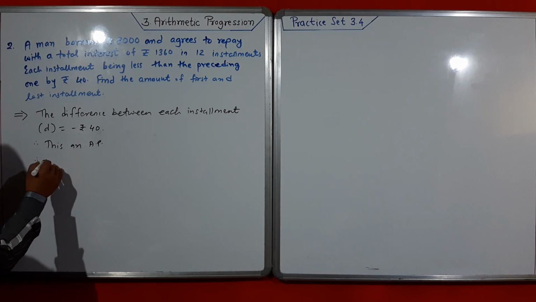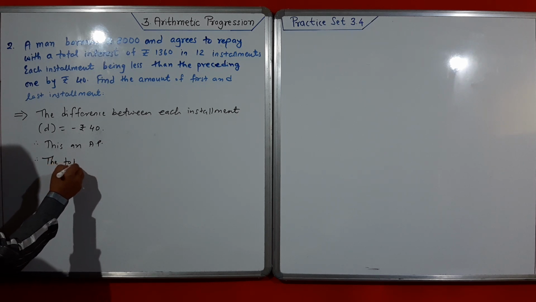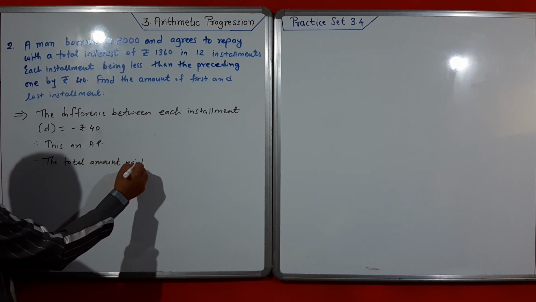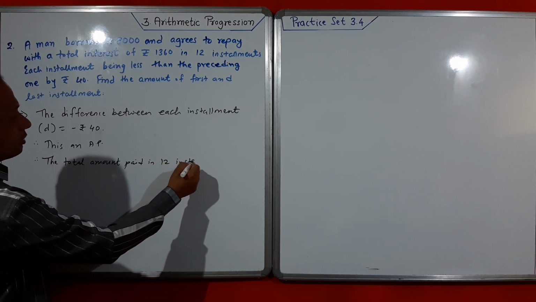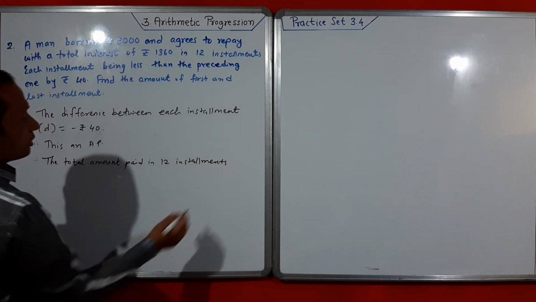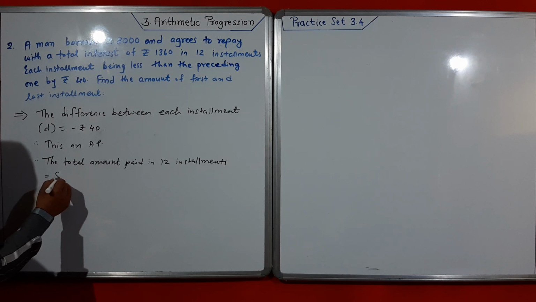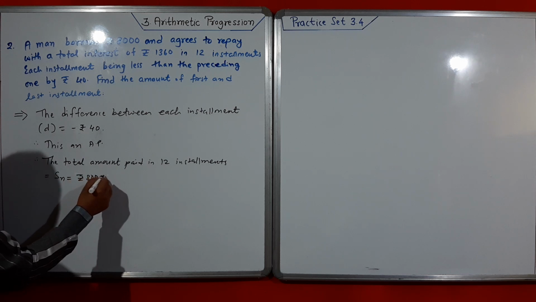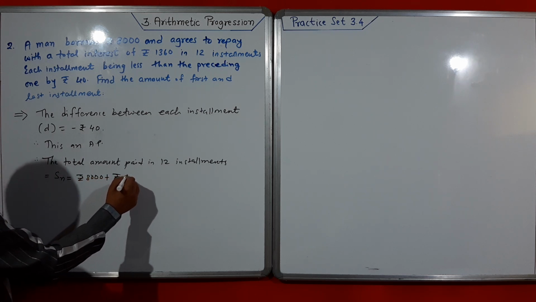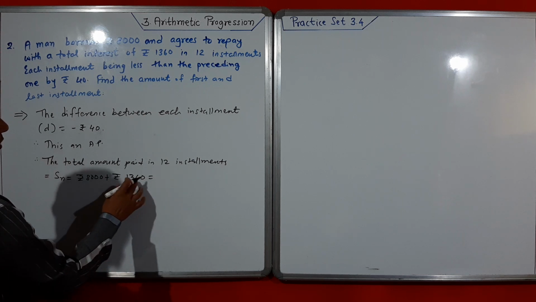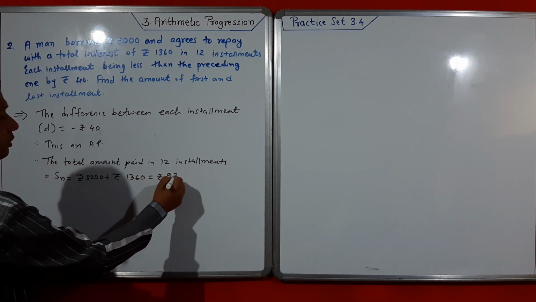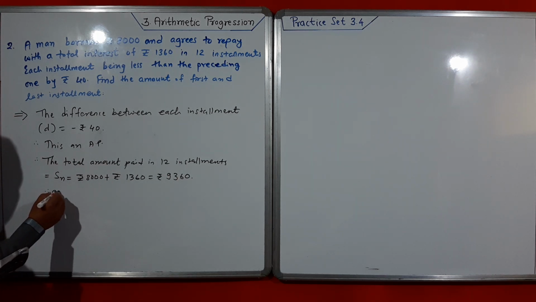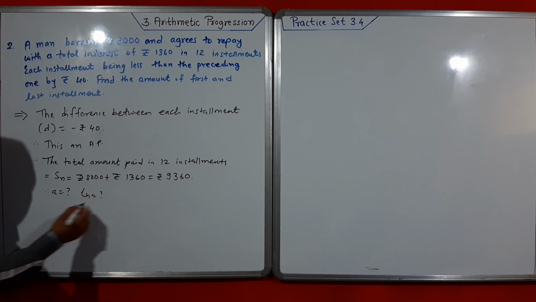The total amount paid in 12 installments is Sn, which equals the borrowed amount rupees 8,000 plus rupees 1,360, so rupees 9,360. This is the total amount. We have to find a and we have to find tn, these two things.